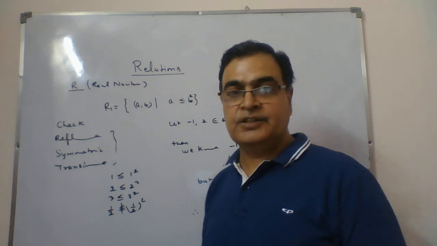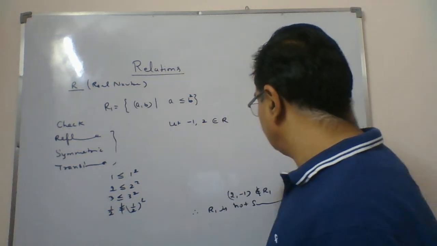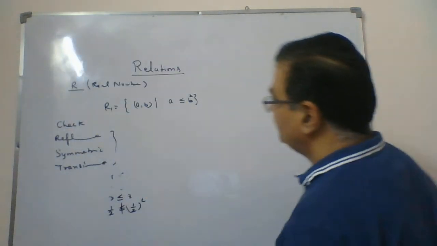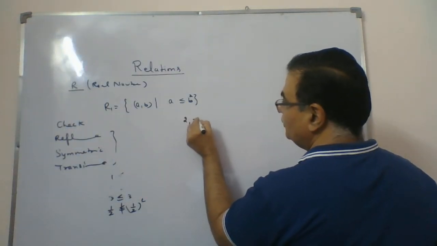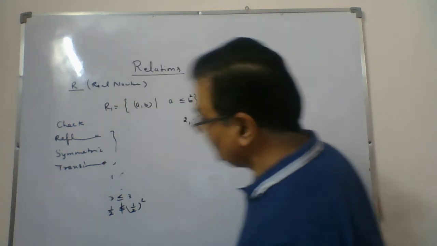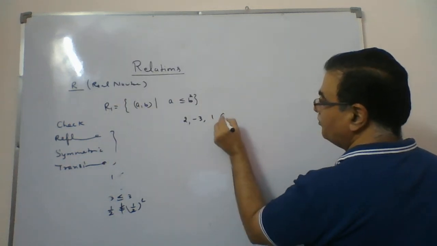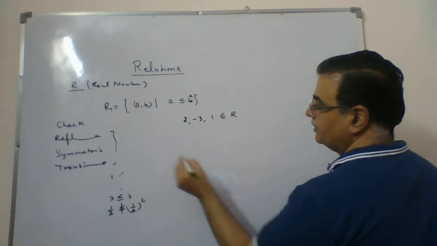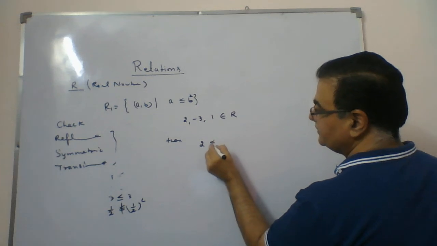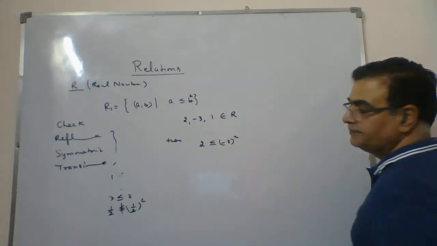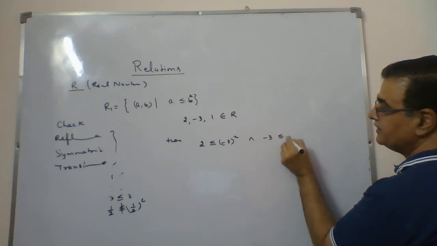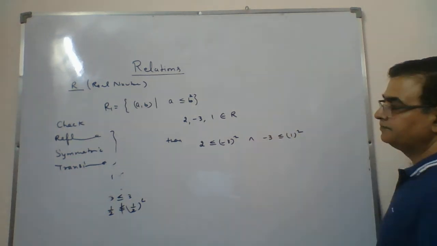Now coming to transitive, this is the last case. In the transitive case, we will take an example: 2, minus 3 and 1 belong to R. Then the first condition is 2 is less than minus 3 whole square. At the same time, minus 3 is less than 1 square.